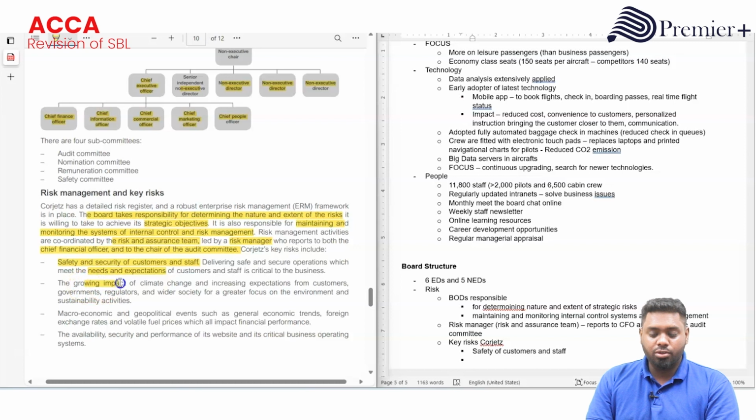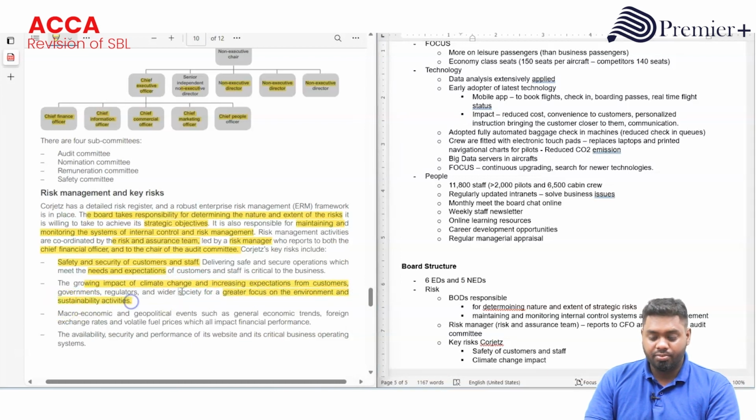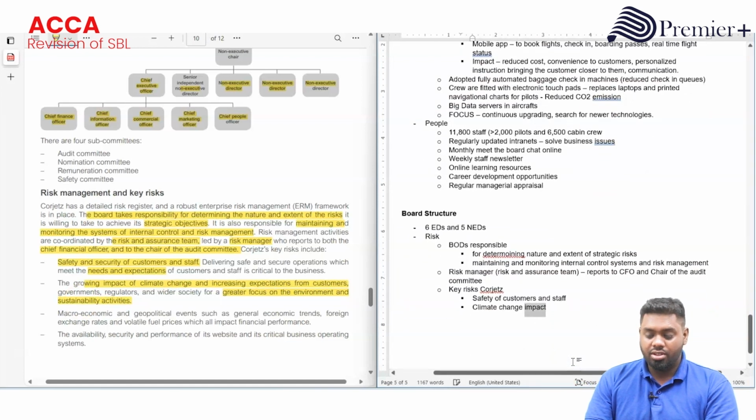The growing impact of climate change and increasing expectations from customers, governments, regulators, and wider society for a greater focus on the environment and sustainability activities. Climate change, okay.